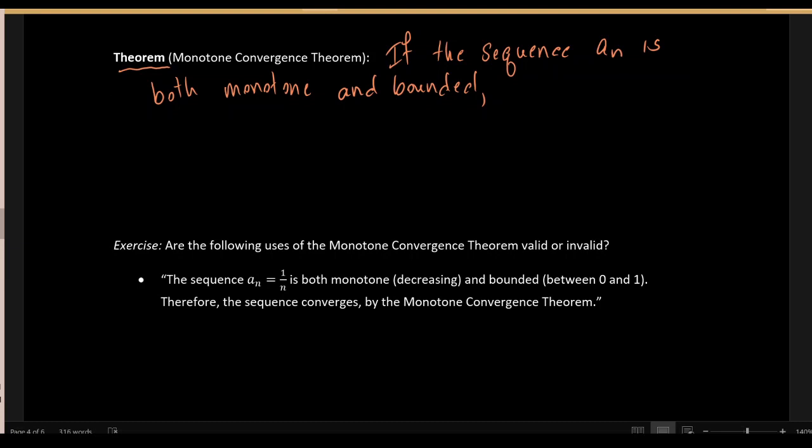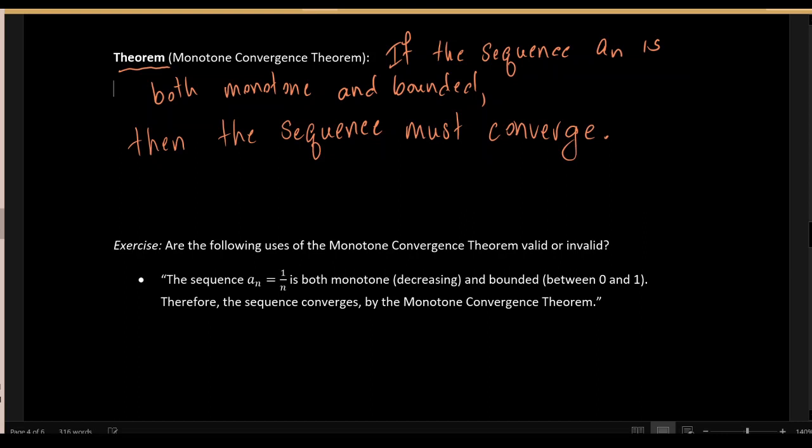If those conditions are satisfied, then, here's the conclusion, the sequence must converge. So this gives you a tool that you can use in constructing a formal argument proving that the sequence that you're working with must converge to some limit.